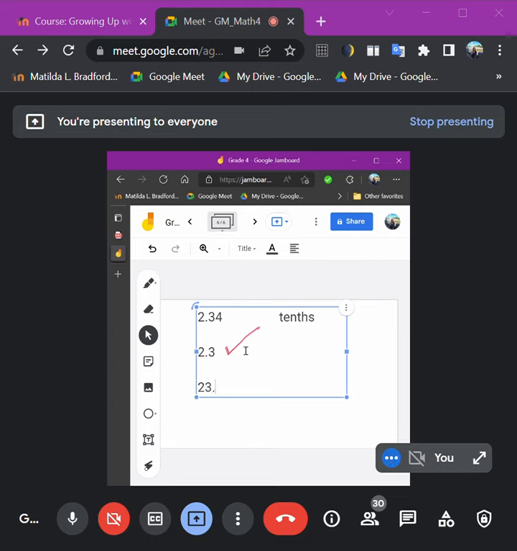Now let's proceed with another example. This one. Round this off to the nearest hundreds. 23 and 800. 23 and 800.